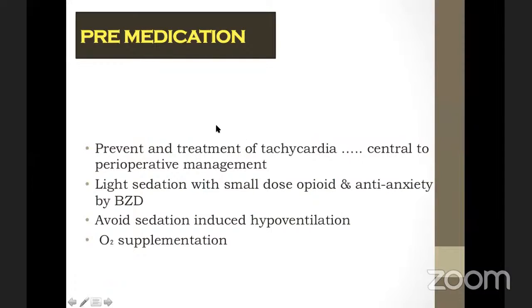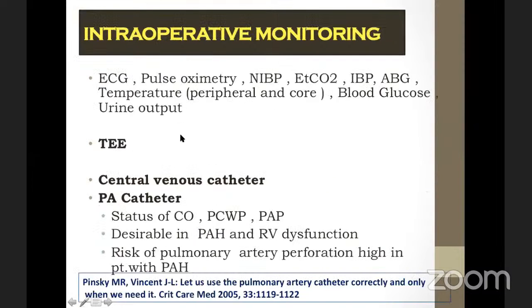In the premedication, again, as we have already discussed: prevent tachycardia, light sedation, a small dose of opioid and a small dose of benzodiazepine, avoid hypoventilation, and give oxygen supplementation if the patient requires. Intraoperatively, because it is a major surgery, you have to go for full intraoperative monitoring. Echocardiography, if available, yes. If not available, don't worry.